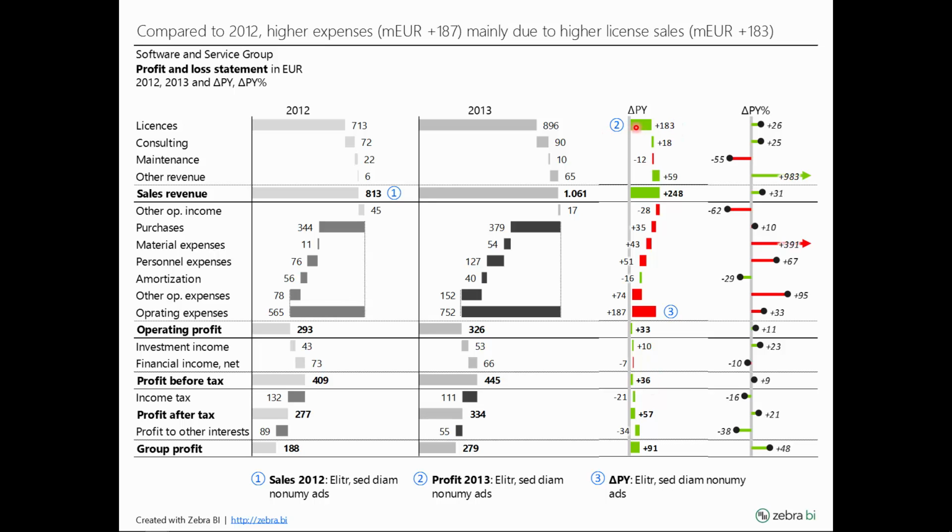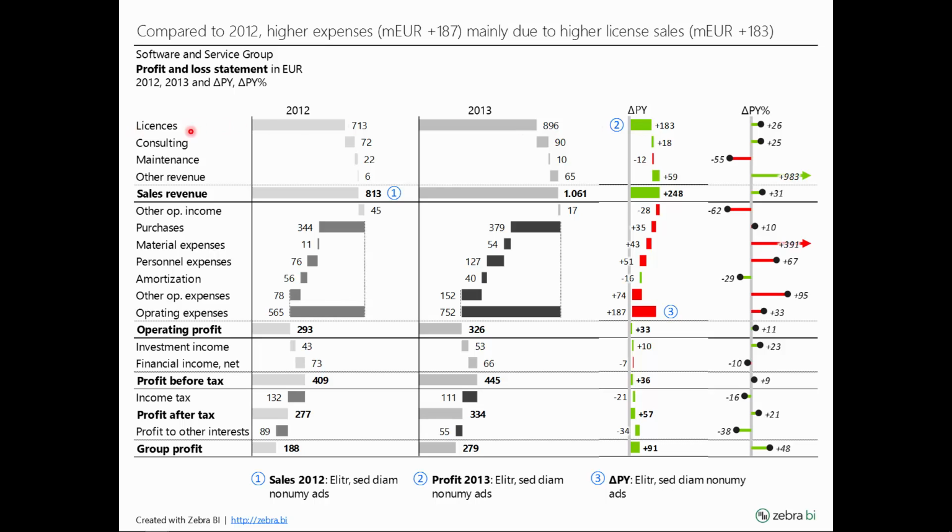So in this case, this represents the variance. So we have 183 million euros growth from previous year on the revenue of licenses, and a little bit less on consulting services and maintenance and so on. So you actually see the growth from previous year, the variance from previous year, but also the contribution.